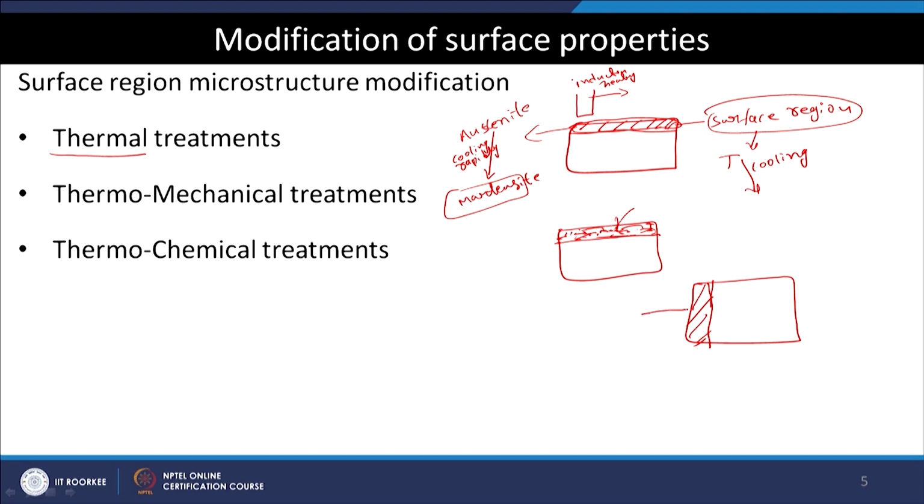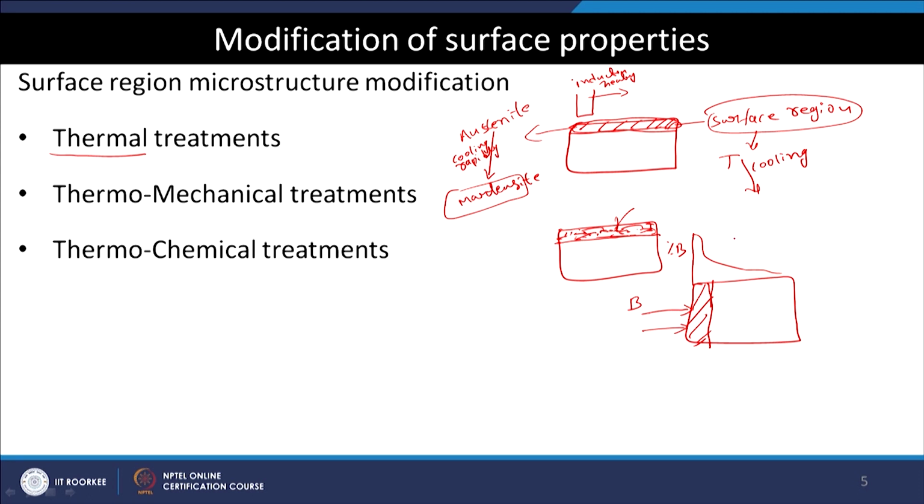You need to introduce some element, for example element B, into the surface region, so that it changes the composition of this region, and then when we cool it rapidly it gives rise to a microstructure which has different properties. So, if I plot here percentage B as a function of distance, we will see that you have such a profile.